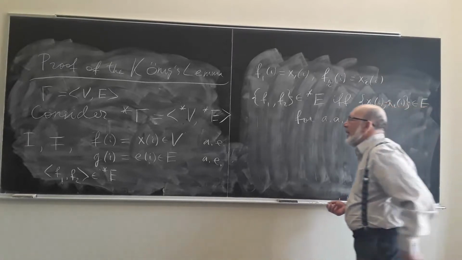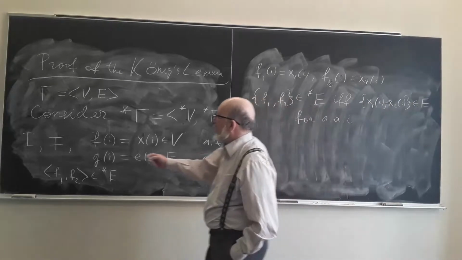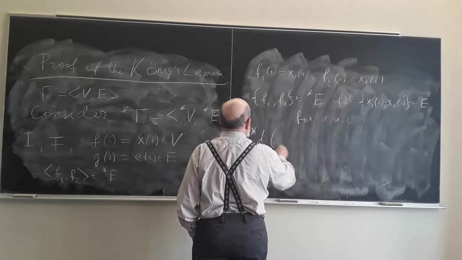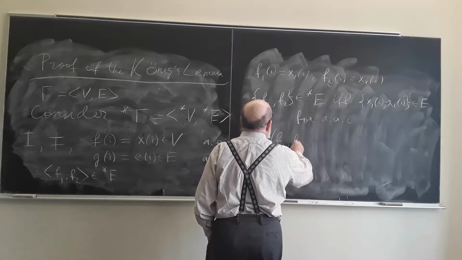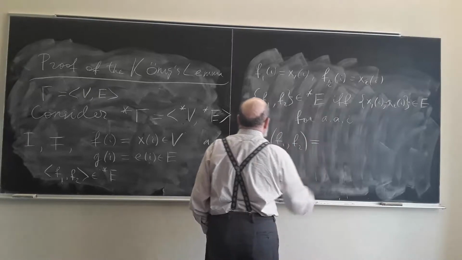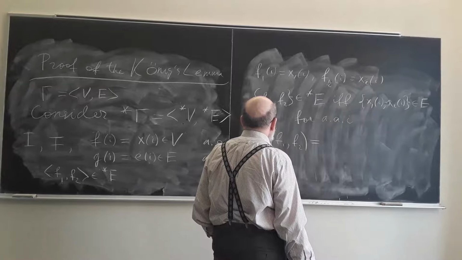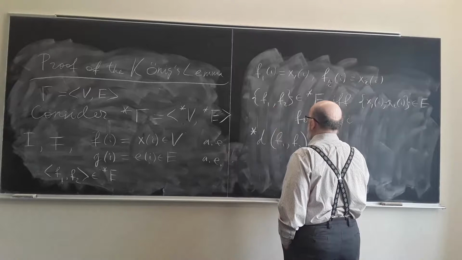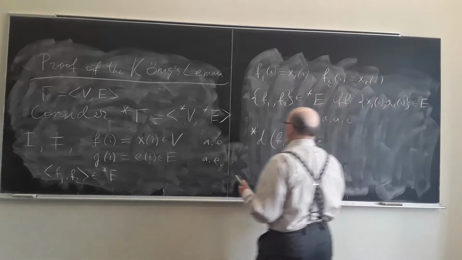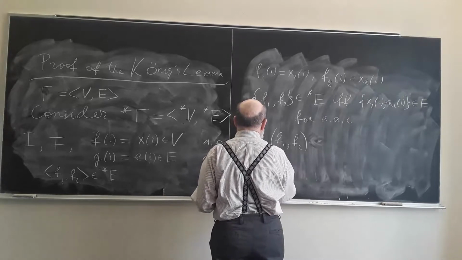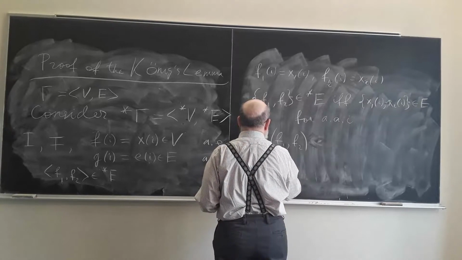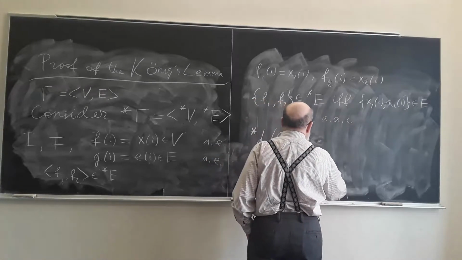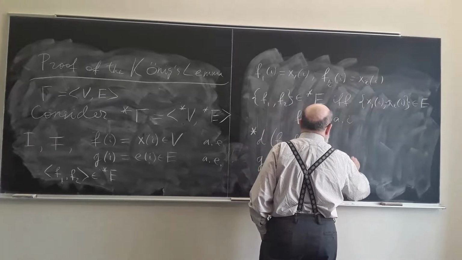And now we have to extend the distance function. Star d between f1 and f2 is defined as follows. Say g of i equals the distance between x1 of i and x2 of i.